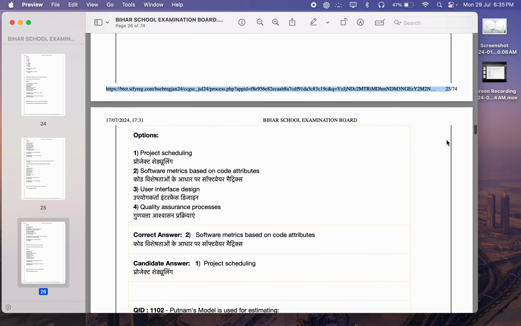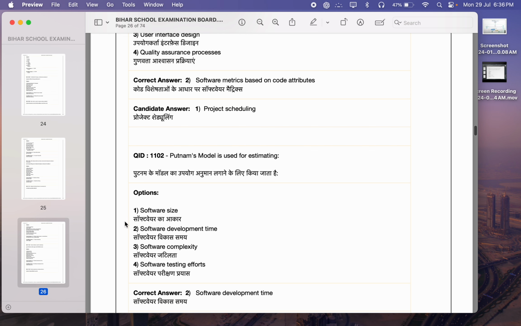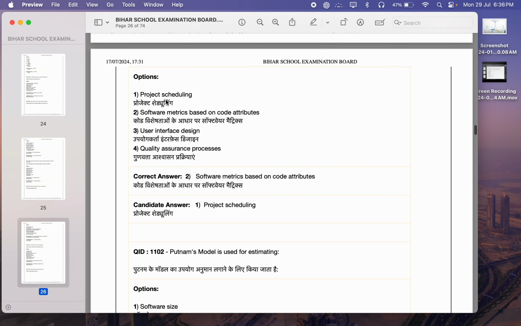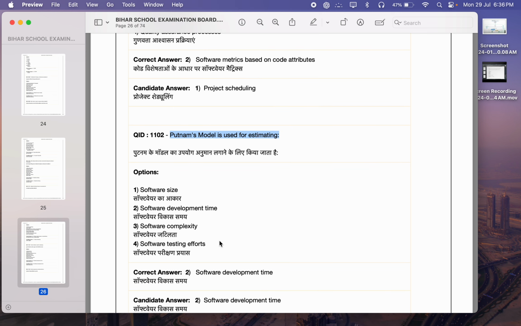Halstead's software science is concerned with? Okay, I will come to this one later, but before that, what is Putnam's model used for estimating? Okay, I don't know what Putnam's model is. I will just go through the options. Software size. Does software size matter in a model? No. Software development time, yes, it matters.